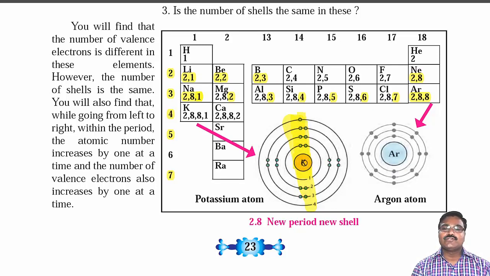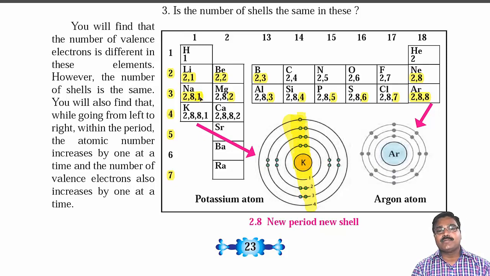Therefore positive charge also goes on increasing, and as both the positive and negative charge increase, the size of the atom will go on decreasing, because there is more attraction between the outermost electron and the nucleus.